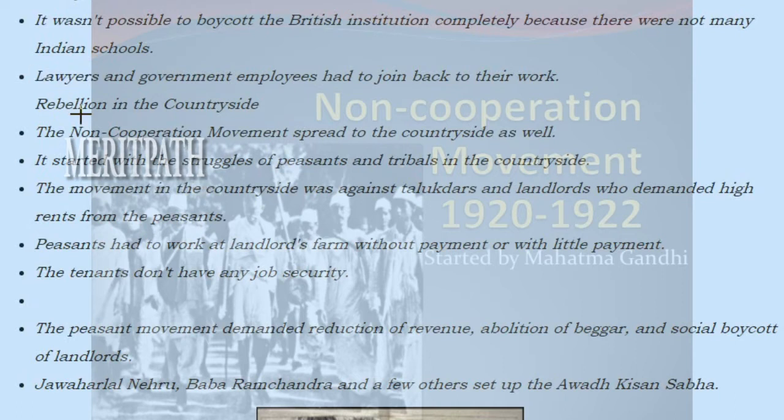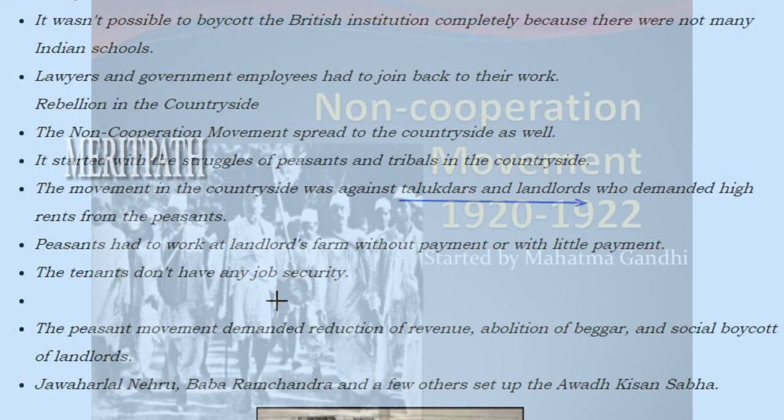Rebellion in the countryside. The non-cooperation movement spread to the countryside as well. It started with the struggles of peasants and tribals. The movement in the countryside was against talukdars and landlords who demanded high rents from the peasants. Peasants had to work in landlords' farms without payment or with very little payment.